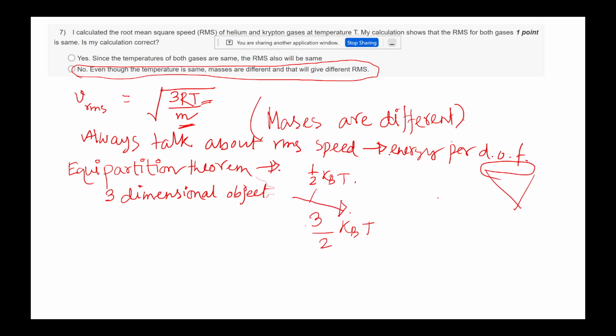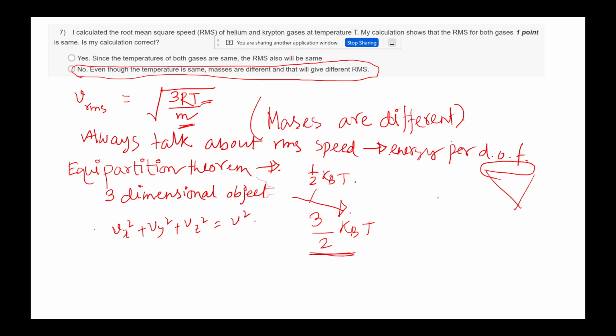Now, as we know, Vx square plus Vy square plus Vz square is equal to V square, and this is the kinetic energy for the degrees of freedom.